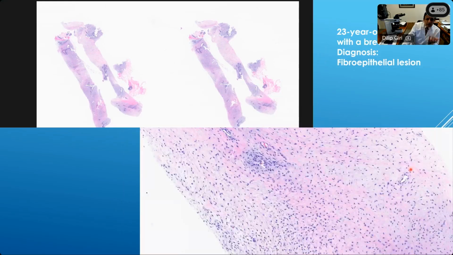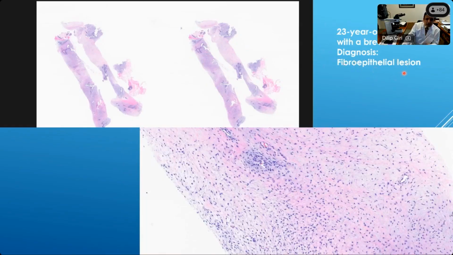Now, this is another case that we saw somewhat recently, some 6 to 8 months ago. This was again a young patient. This looks fairly bland, right? And although there is some expansion, overgrowth of the stroma, they look pretty bland. So we didn't call this fibroadenoma, but we called it fibroepithelial.